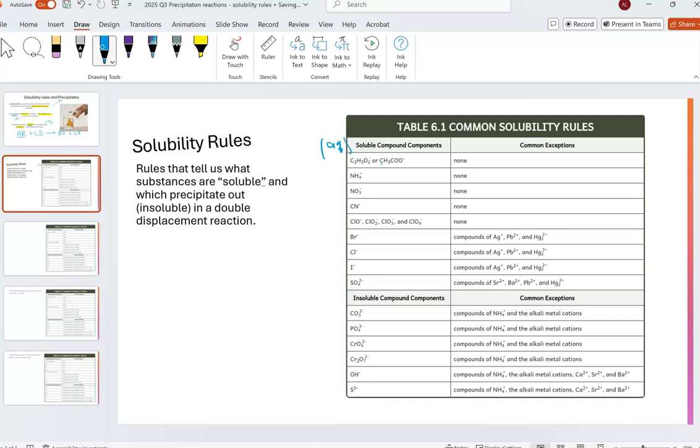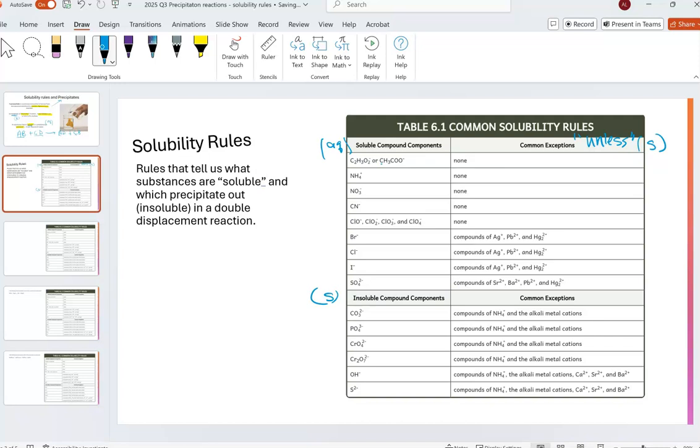Over here it says common exceptions. I always like to think of it as unless it is bonded to something over here, then it will be a precipitate. Insoluble means S, or it will precipitate out.